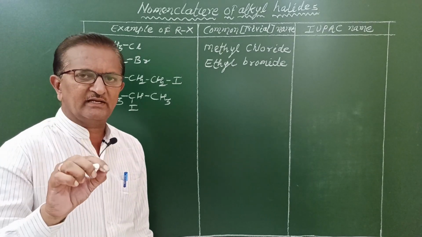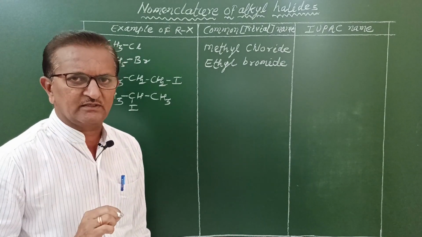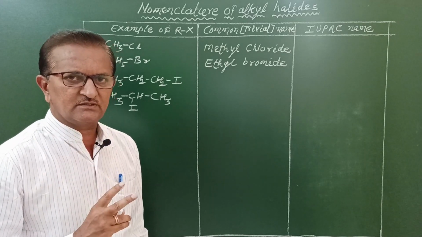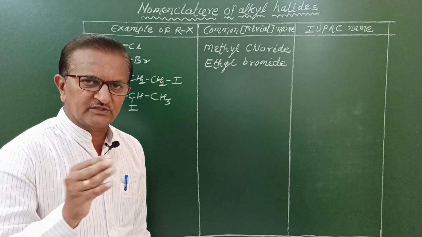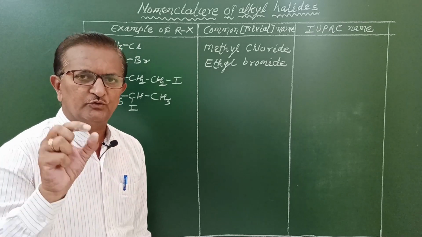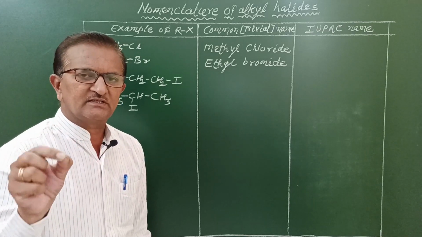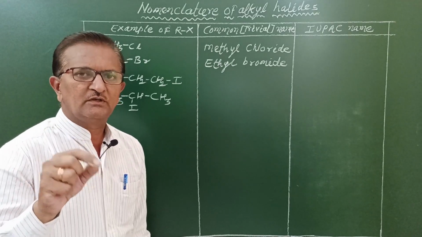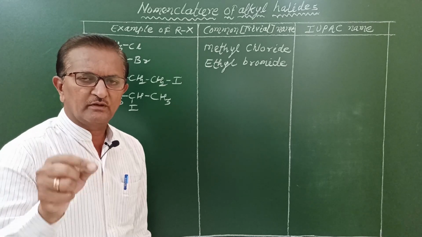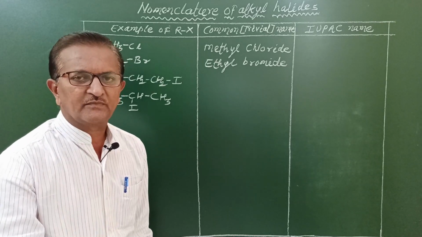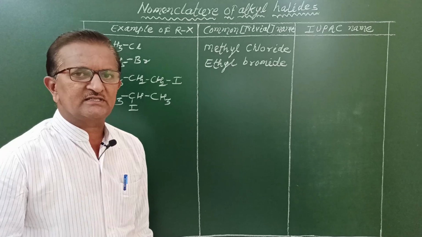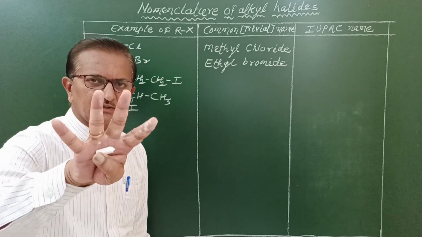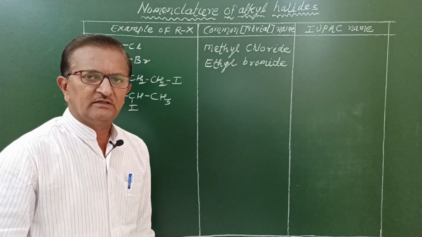If an alkyl halide molecule contains 3 carbon atoms, then there are 2 possible isomers. Therefore, to differentiate these 2 isomers, we have to use prefixes such as n, sec, iso, tertiary in the common name system.